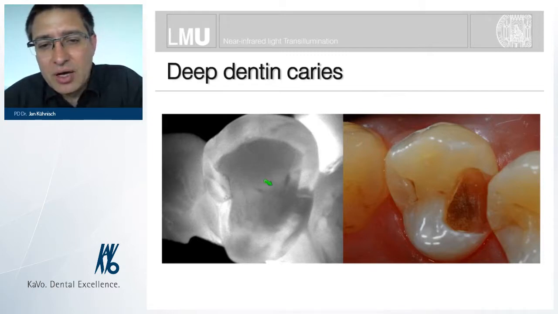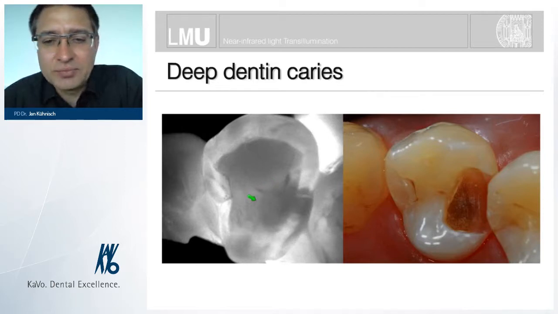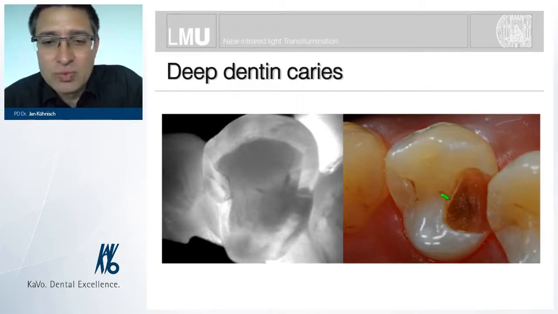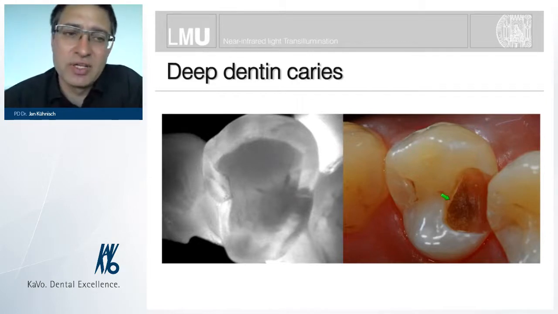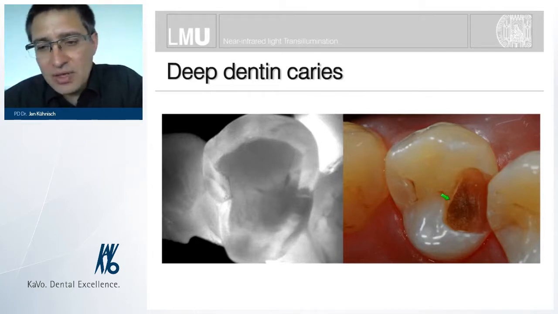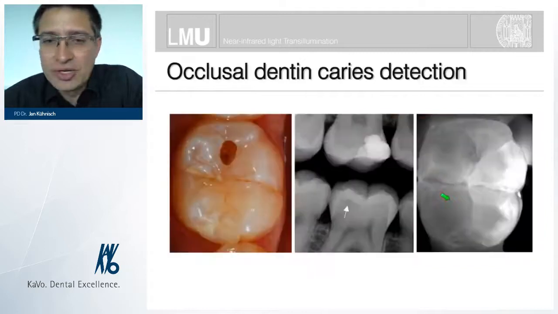Here again, we have on the near-infrared light image an extensive shadow in enamel as well as in dentine, and the corresponding cavity is linked with a deep caries lesion, which was definitely beneath the dental pulp, and these cases are definitely challenging to treat.